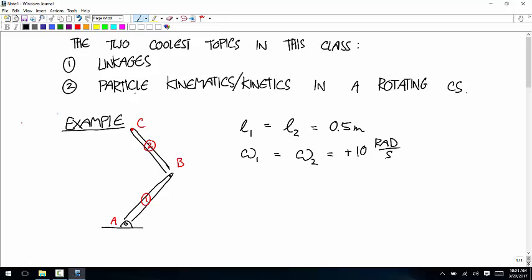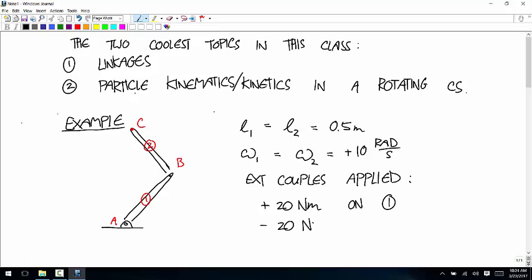And let's say that at this instant there is an external couple of plus 100. That's a lot. Let's do less than that. Say plus 20 Newton meters on member 1 and minus 20 Newton meters on member 2.